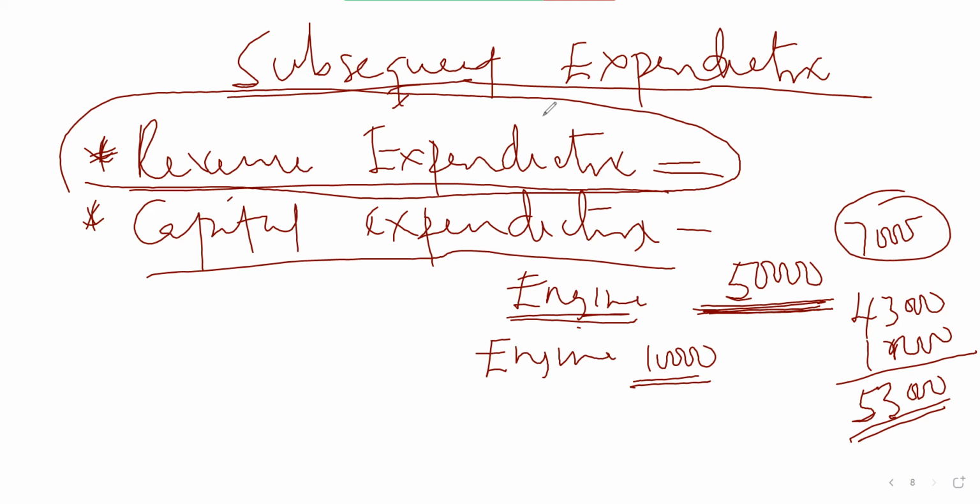All right. We are saying that any cost that you incur to bring the asset to the stage that the company wants it to be before they will start using it should be capitalized, should be added to the initial cost of the asset.